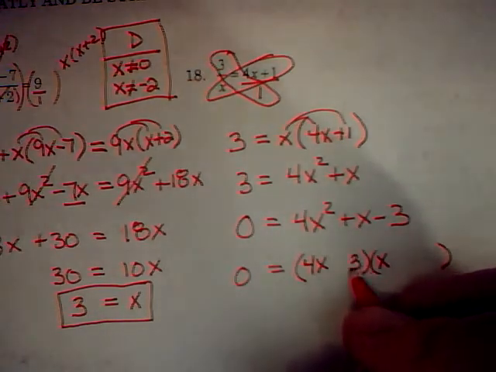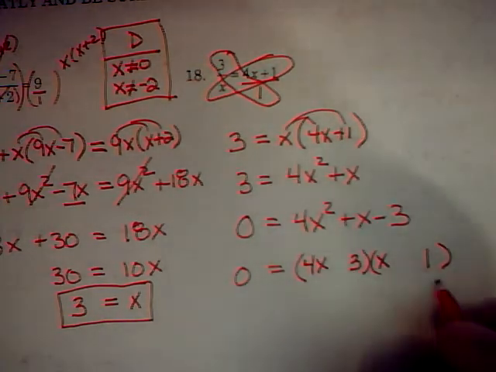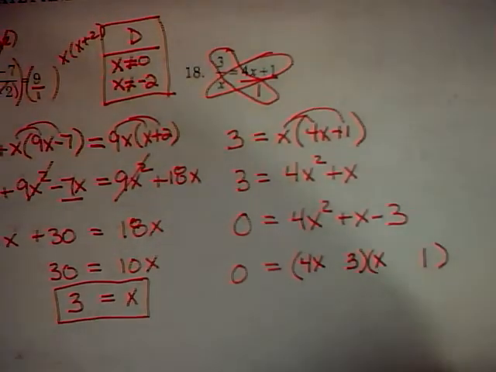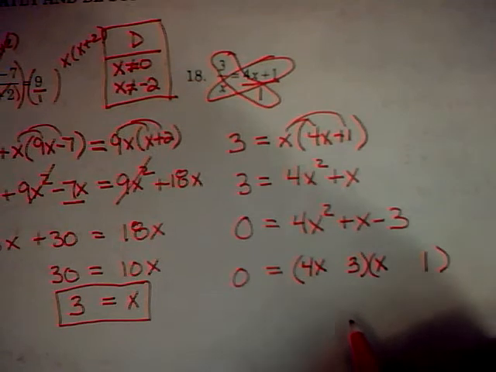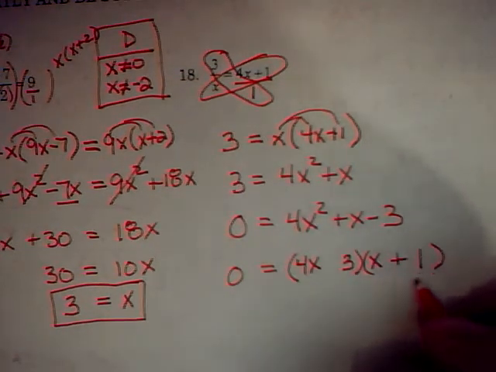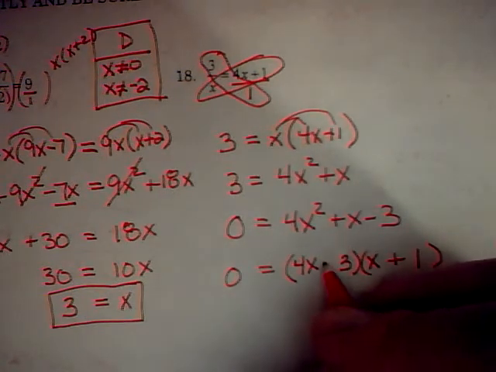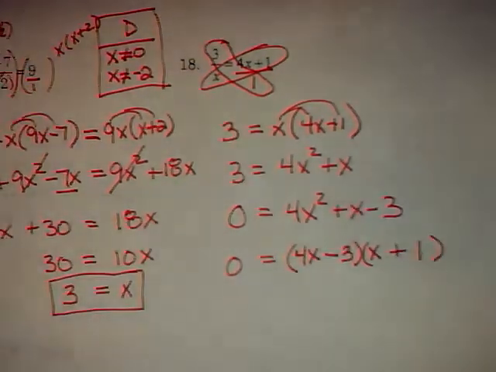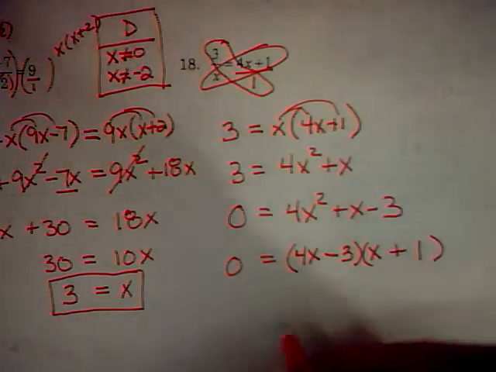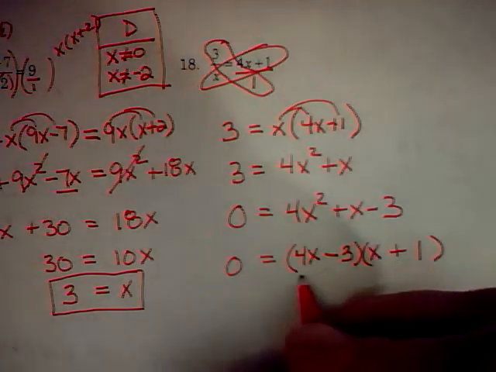So I'm going to put the 3 here and the 1 here. This will get you 4x and this will get you 3x. Now, I'd like us to end up with a positive 1, so 4x times a positive 1 would get you positive 4x, and negative 3 times x would get you negative 3x, which would combine together to get you positive 1x.